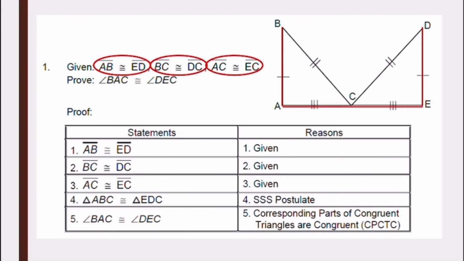Marking the necessary sides shows that triangle ABC is congruent to triangle EDC by the SSS postulate. Since the two triangles are congruent, angle BAC is congruent to angle DEC by corresponding parts of congruent triangles are congruent, also known as CPCTC.